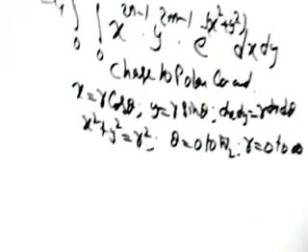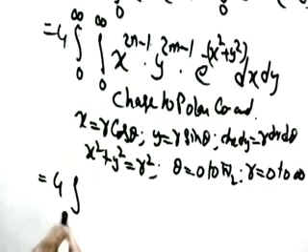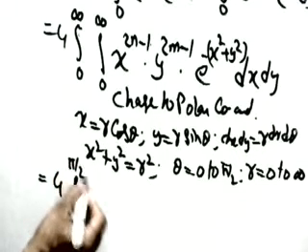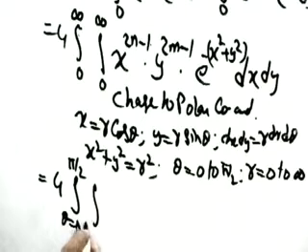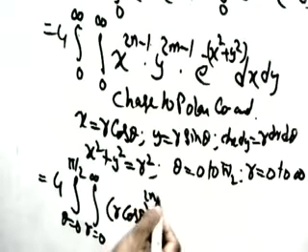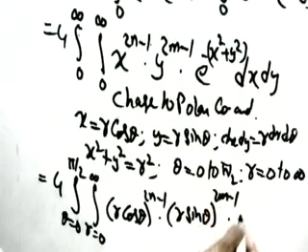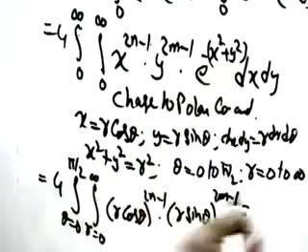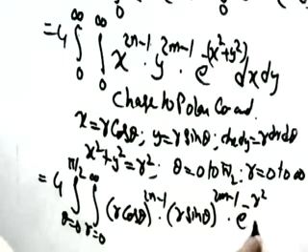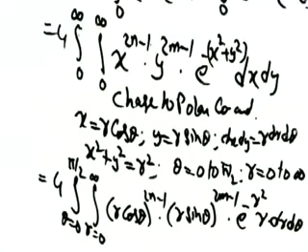So let me change this whole thing: equals 4 into integration theta equals 0 to pi by 2 into r equals 0 to infinity, cos theta power 2n minus 1 into r sin theta power 2m minus 1 into e power minus x square plus y square, which is r square. So dx dy will be r dr d theta.